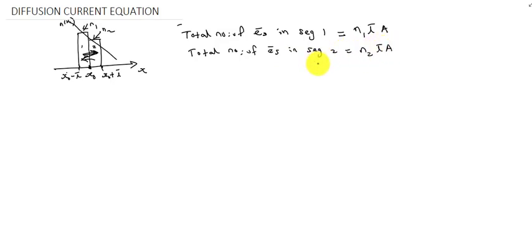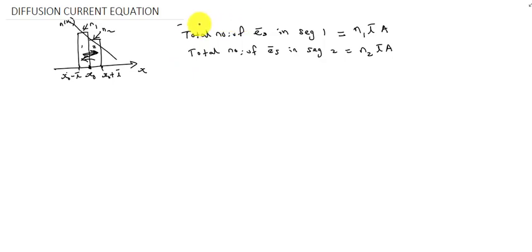The area of cross section is assumed to be the same. So n1 is the concentration of segment 1, n2 is the concentration of segment 2, and L bar is the length of each segment, which is also the same. So the number of electrons in segment 1 is n1 L bar A and the total number of electrons in segment 2 is n2 L bar A. There is equal probability of moving left to right and right to left.